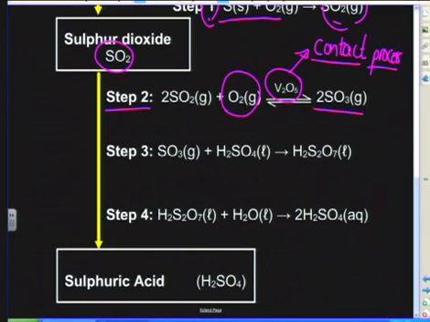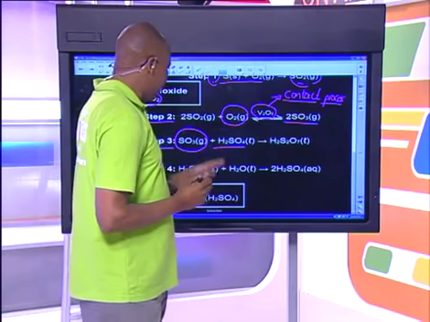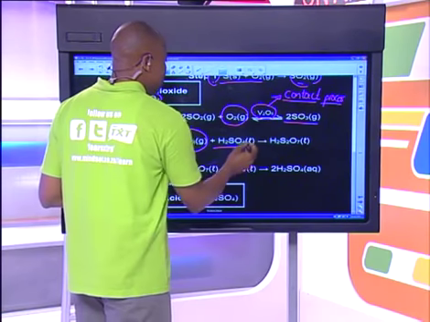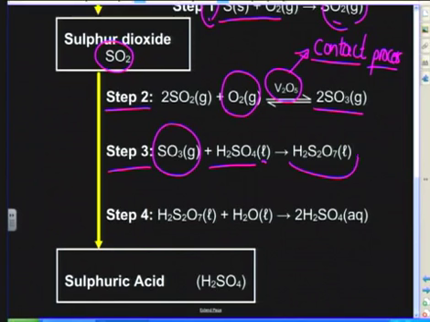Okay, so in step 3, remember now we now have sulfur trioxide. That sulfur trioxide is made to react with sulfuric acid, okay? Sulfuric acid in a liquid form to produce that pyrosulfuric acid or oleum, okay?